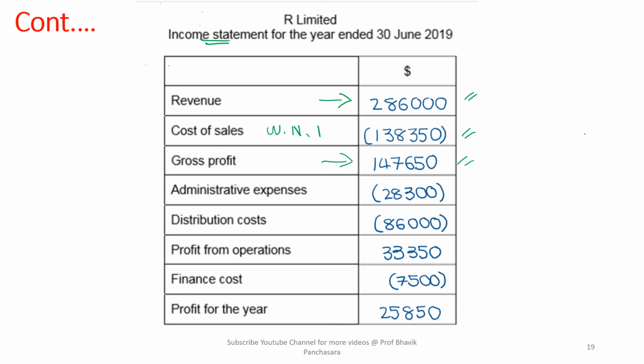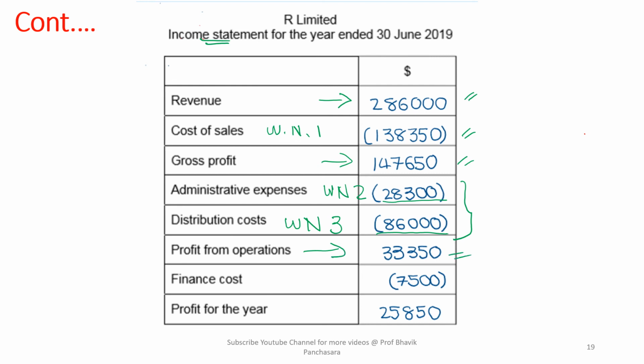Now we are going to deduct these two expenditures as per working note 2. Administrative expenses are 28,300 and distribution cost as per working note 3 is 86,000. So if we deduct these two amounts from gross profit, profit from operations is 33,350.